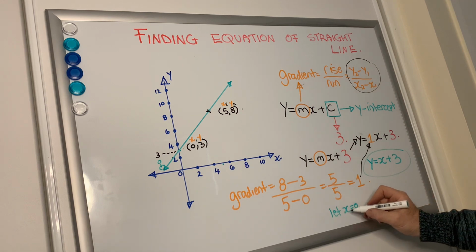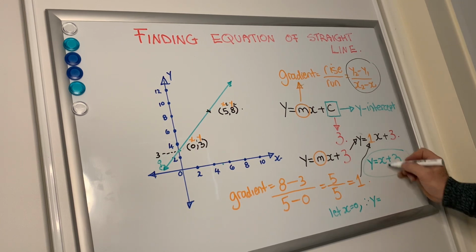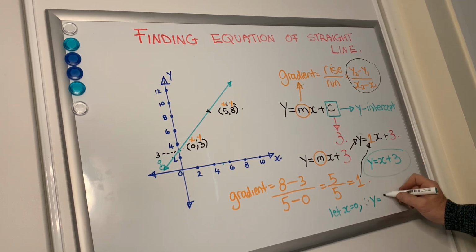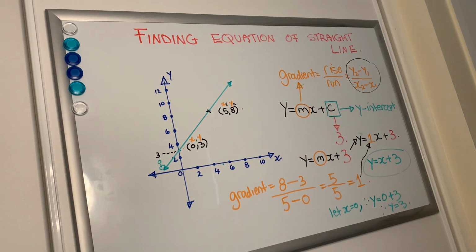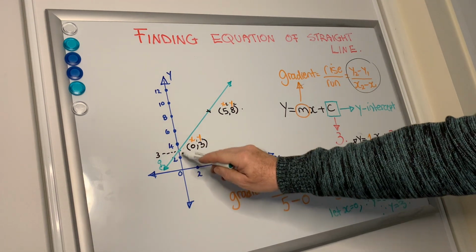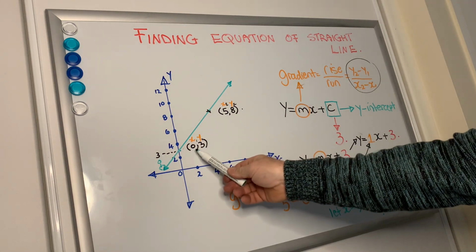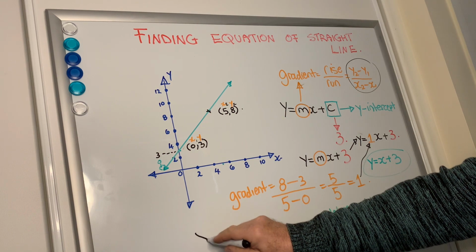So if I let x equal 0 and find y, then y is equal to 0 plus 3. Therefore y equals 3. So when x is equal to 0, y definitely does equal 3. So the equation of that line, just to make it clear, is y equals x plus 3.